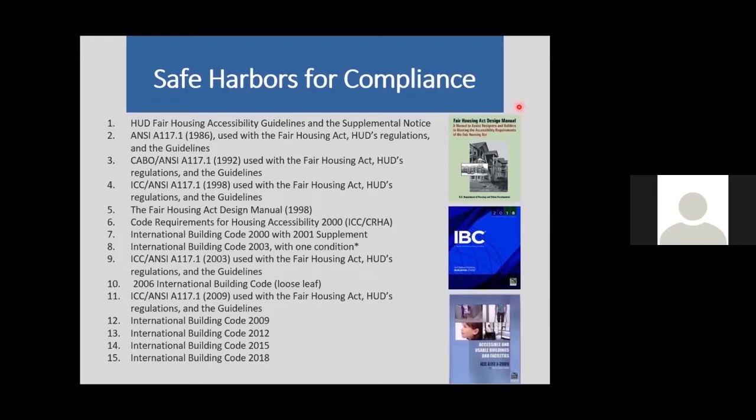It has been said that the goal was to give the design industry more flexibility than one single prescribed standard, and that HUD had the intention really of updating their own regulations on a more regular basis, similar to code cycle.